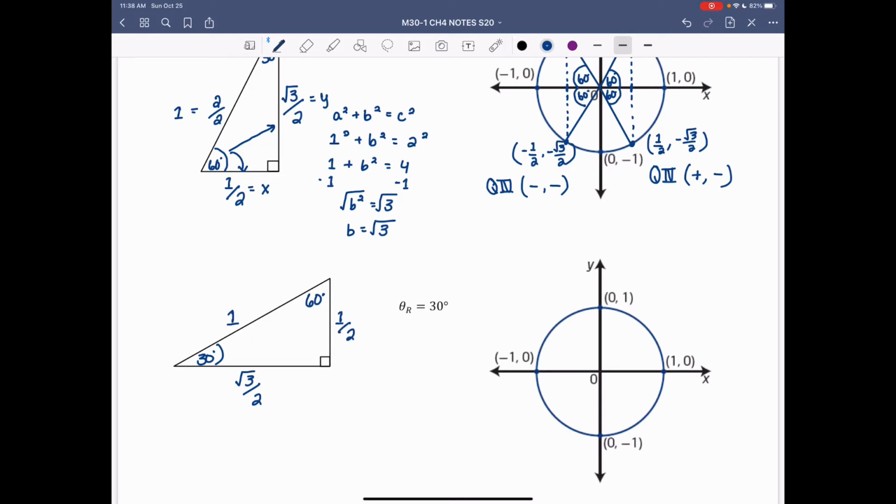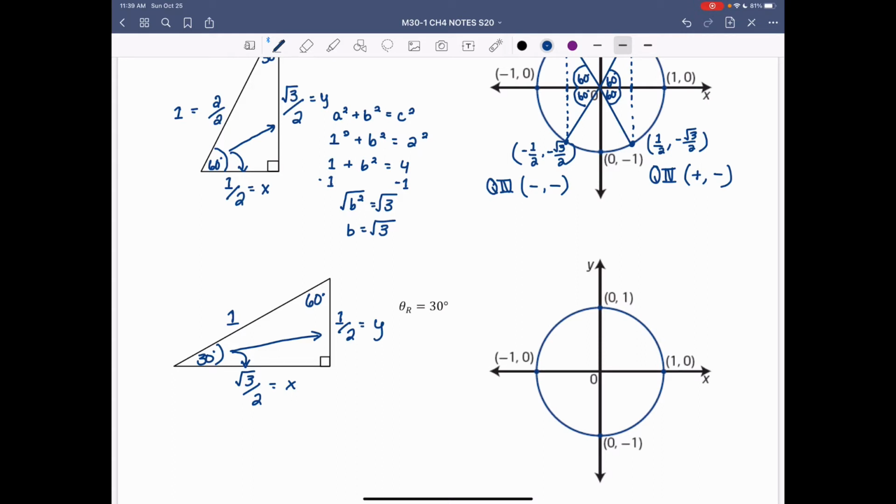So now we're looking from 30 degrees. The opposite side, that's vertical, would be our y value now, and then the adjacent side, that's the horizontal in the triangle, this would be the x value. So when we're looking at a reference angle of 30 degrees, our y values are going to be positive and negative 1/2, and our x values will be positive and negative root 3 over 2.